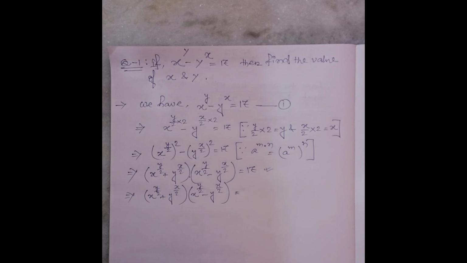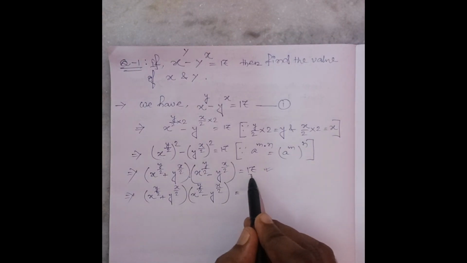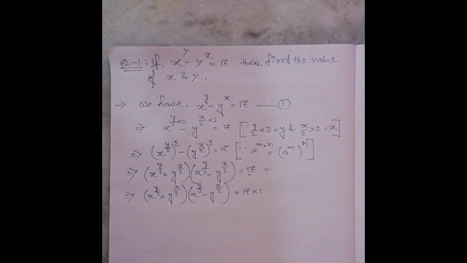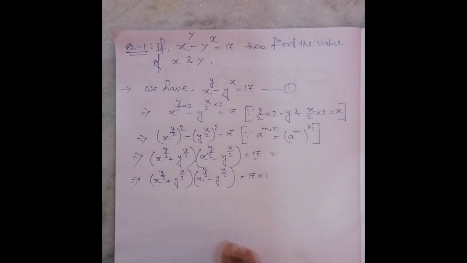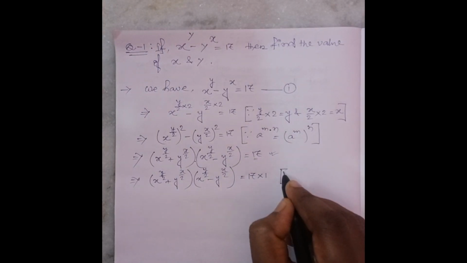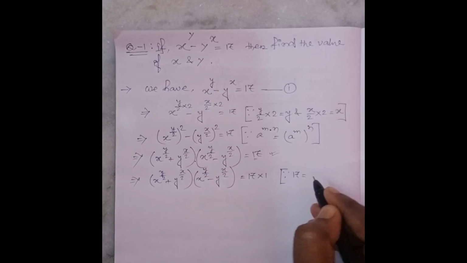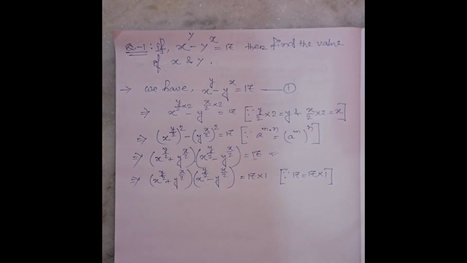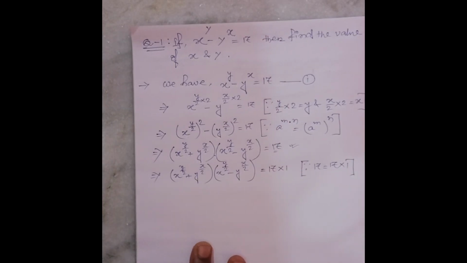Since 17 is a prime number, in product form 17 can be written as 17 into 1, since anything into 1 is that element.